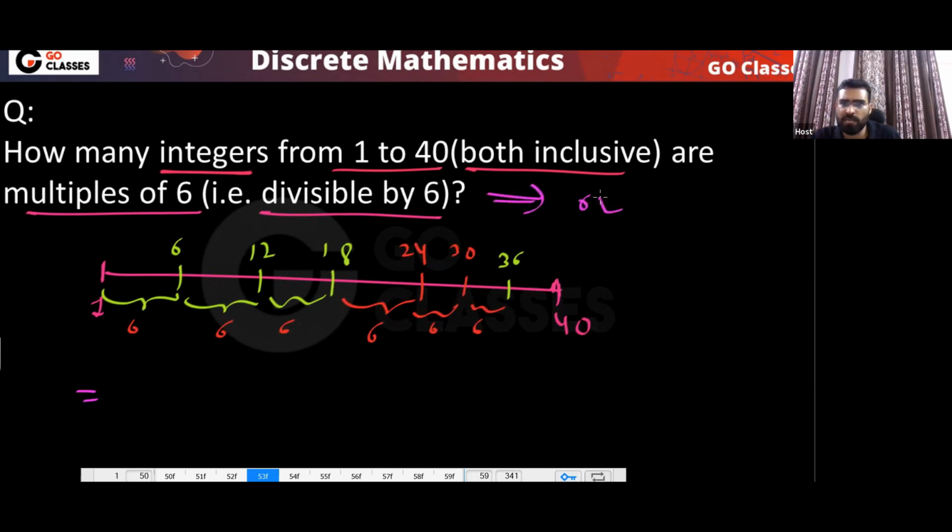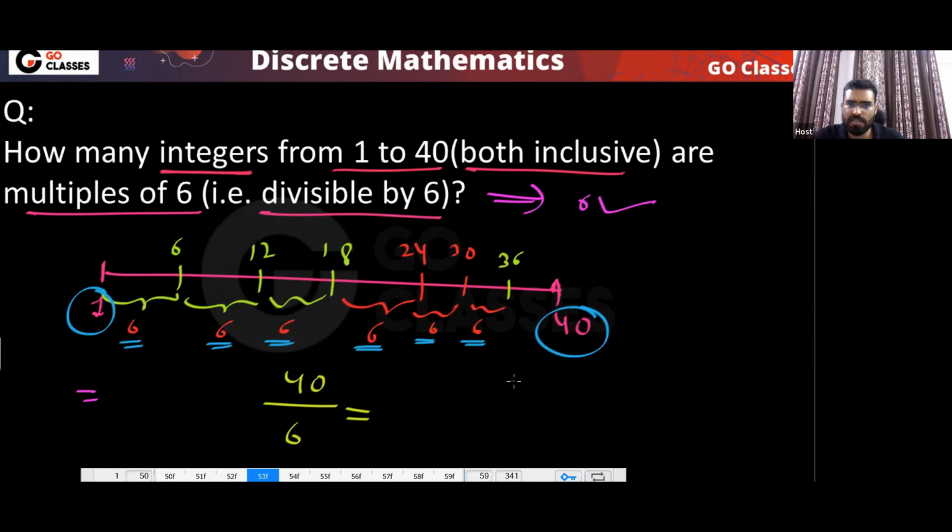But remember, it is like this. If you divide this 40 by 6, then what value will you get? See, we have from 1 to 40. From 1 to 40, you jump by 6. Now, if I directly divide this 40 by 6, then I will get some value greater than 6, because we got this extra area.